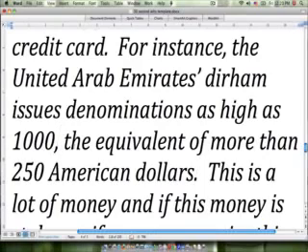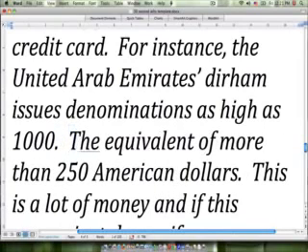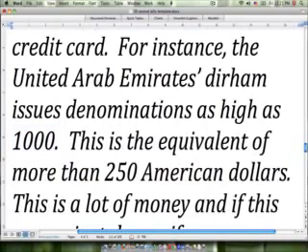Now we can place this as a comma followed by the remaining idea, or if you feel more comfortable, don't be scared of full stops. Full stops are our friends. We can use them to separate ideas and to make our points clear. Now I know some students are probably wondering, this is the equivalent of more than 250 American dollars, why are we using digits?